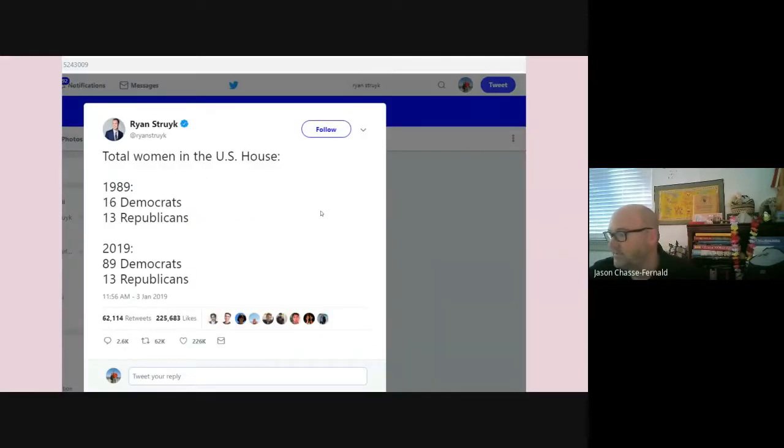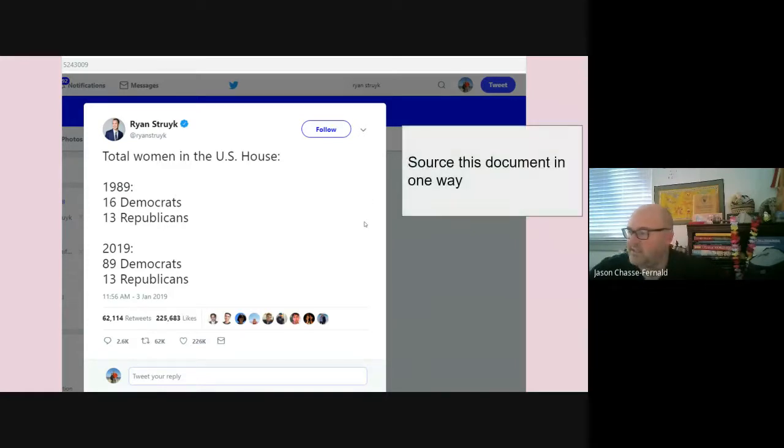Right after we went over the homework, since we're going to be talking about women's rights and women's equality and political equality, we started here, and I asked students to source this document. In class, we sourced for historical context, intended audience, and the purpose of this document, and we also discussed who this was, and some of the point of view limitations associated with that.